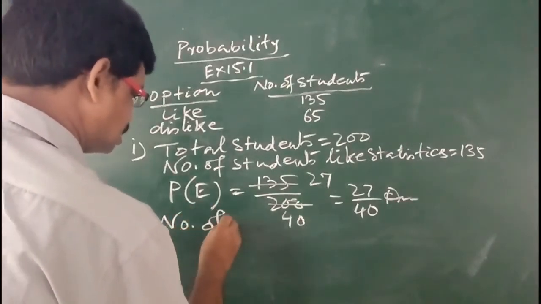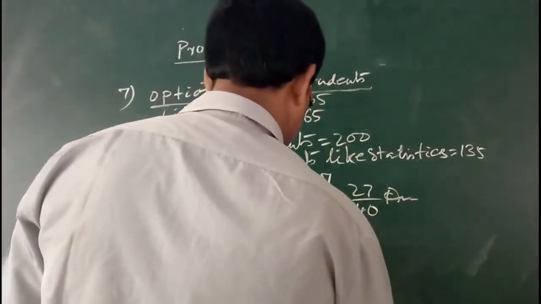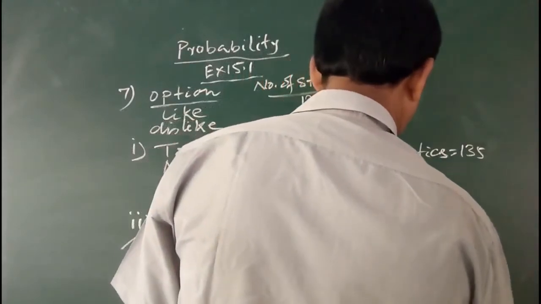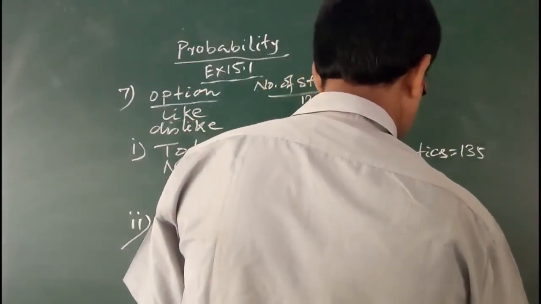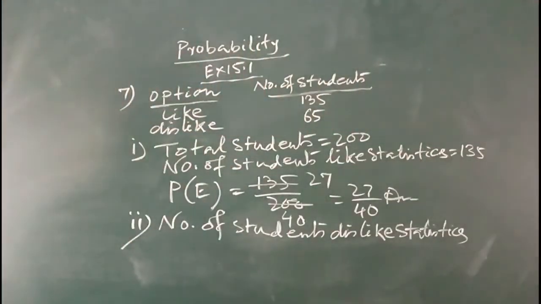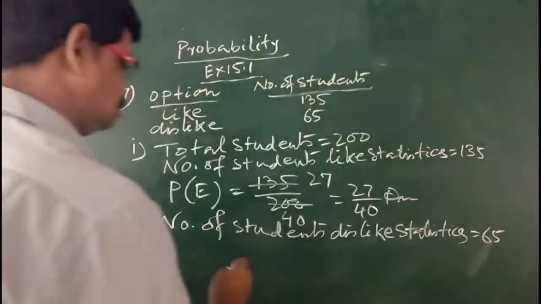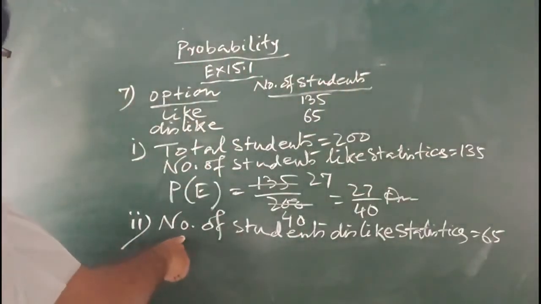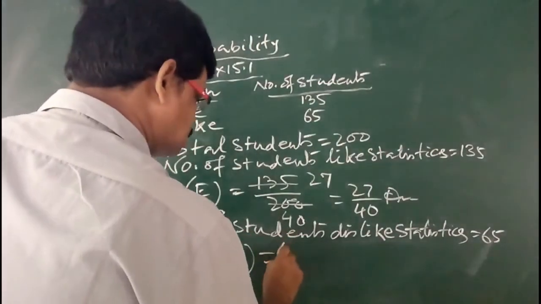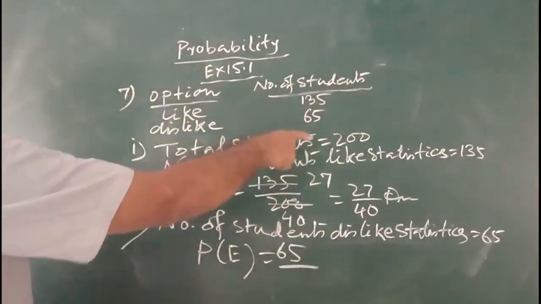So number of students dislike statistics 65. So now you have to find the probability of this one. So 65 by total, the total is 200.